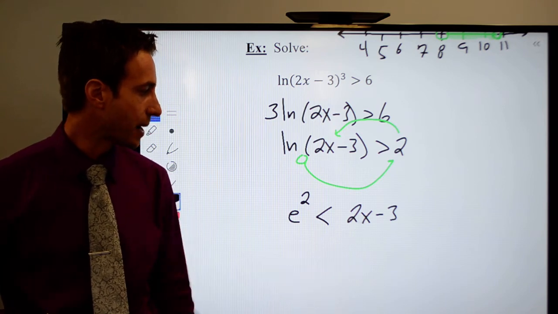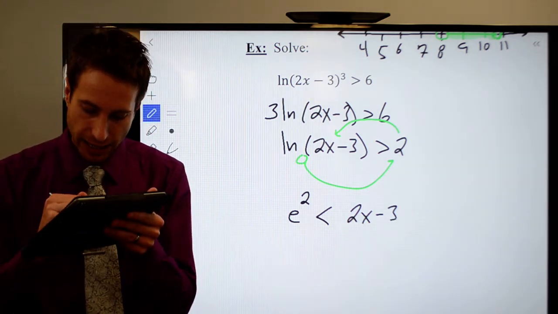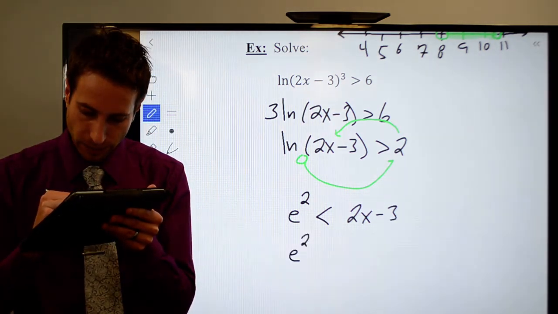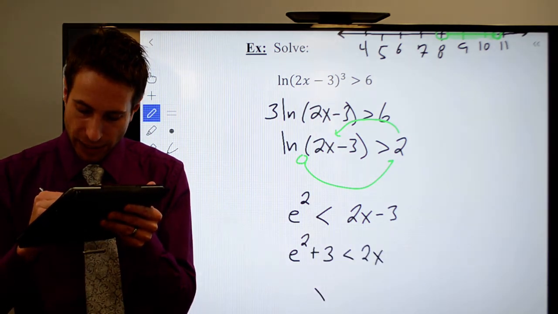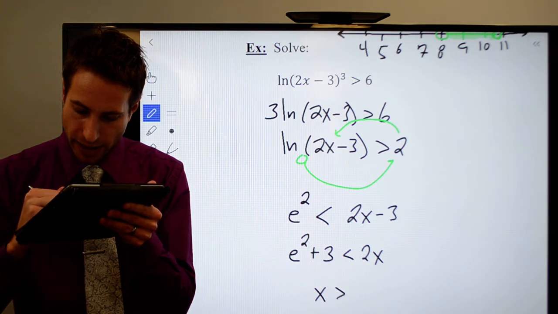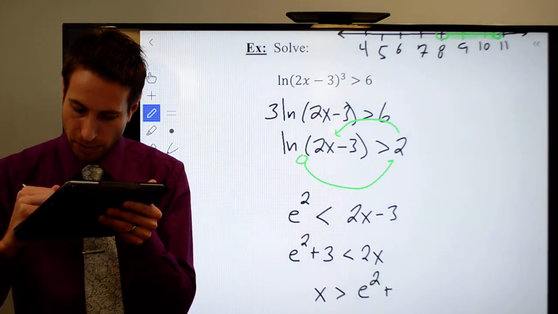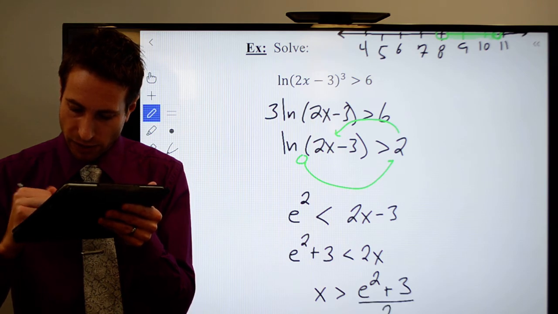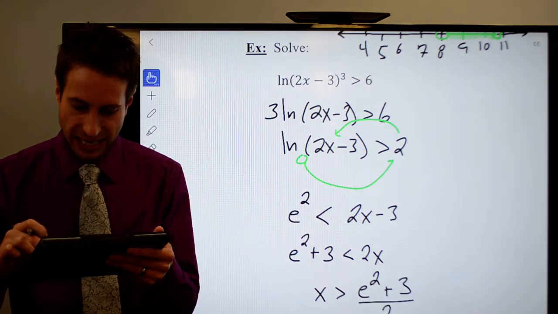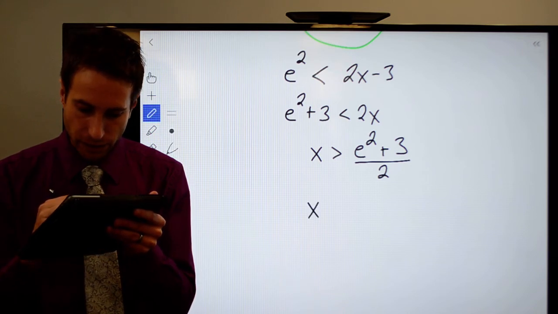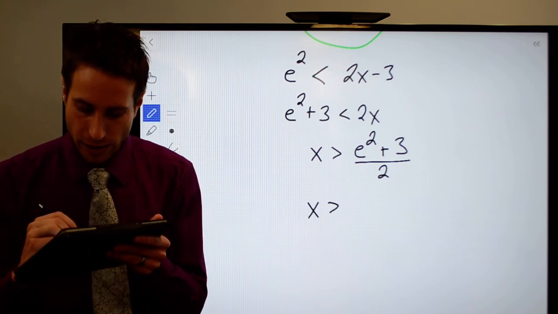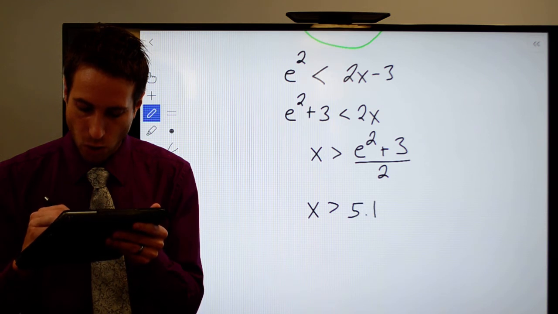Now I got to get the x by itself. Add 3 to the other side. Divide both sides by 2. x is greater than e to the 2nd power plus 3, all divided by 2. And again, you can go ahead and put that into your calculator, and if you do, we get x is greater than 5.19.